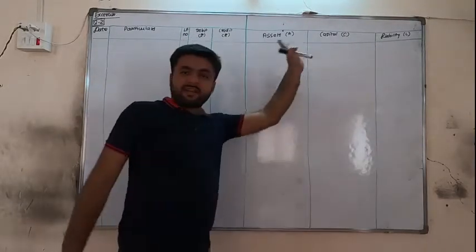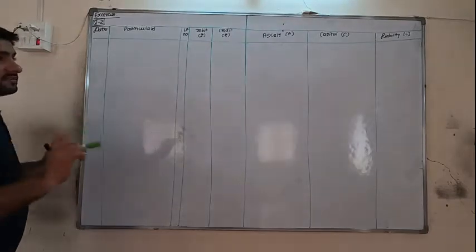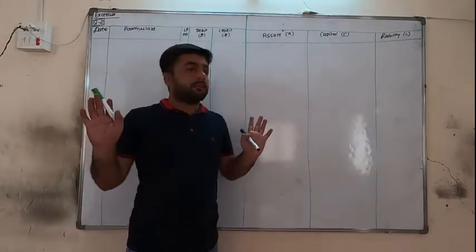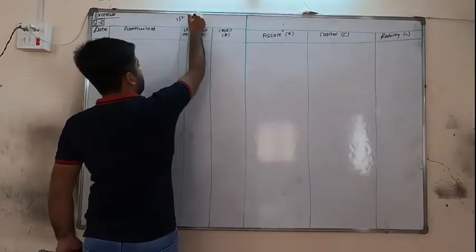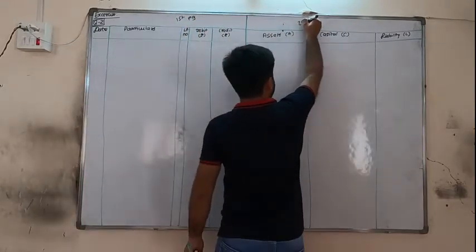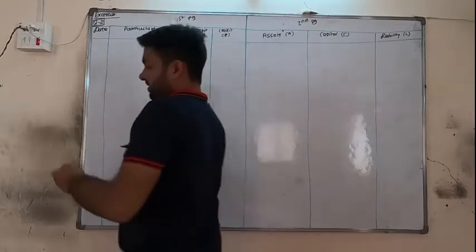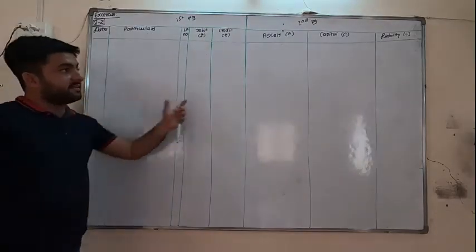One should not be here and the next should not be on the next page. So this thing is required. First page, second page. First page, second page. Okay. So here we will write the entry and here we will write the effect.